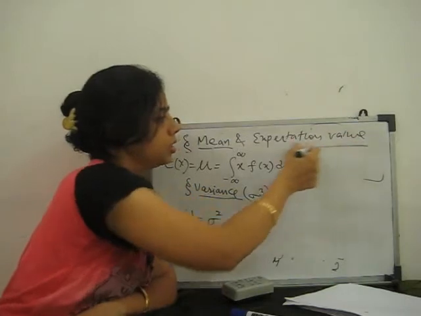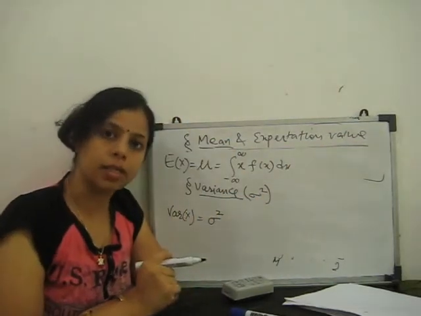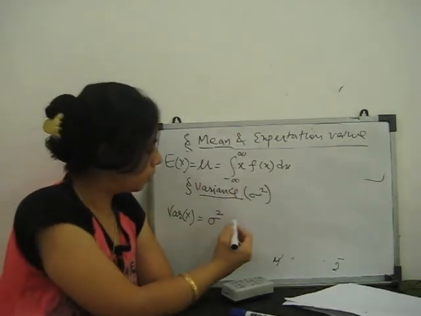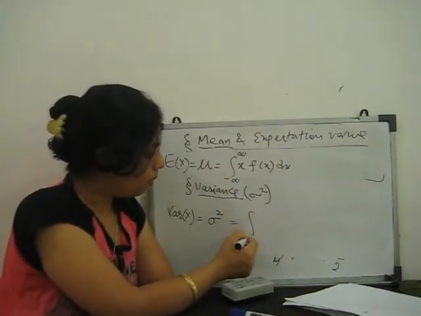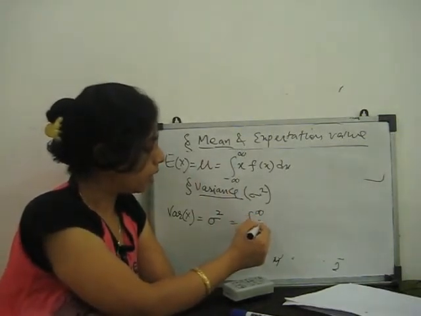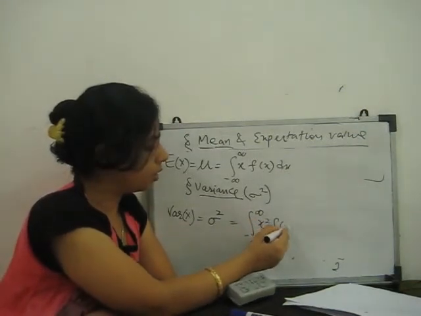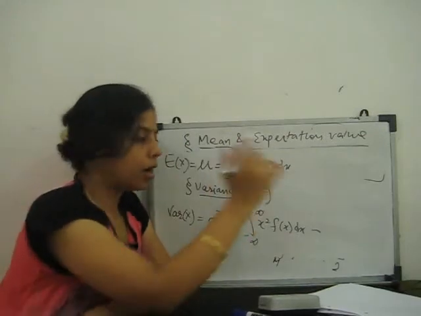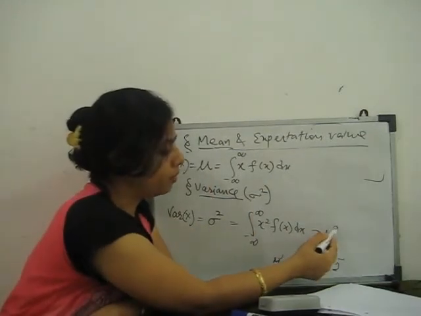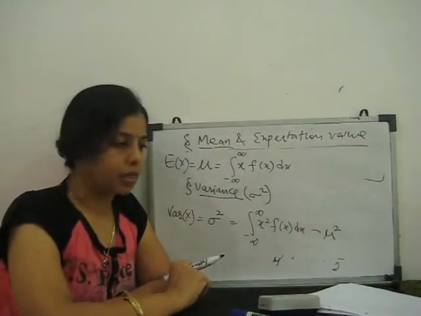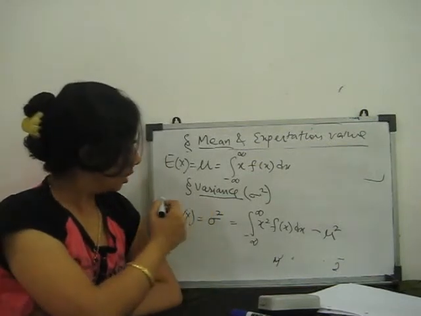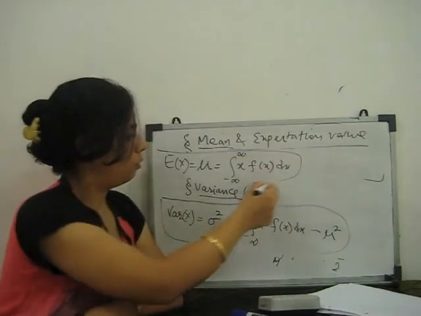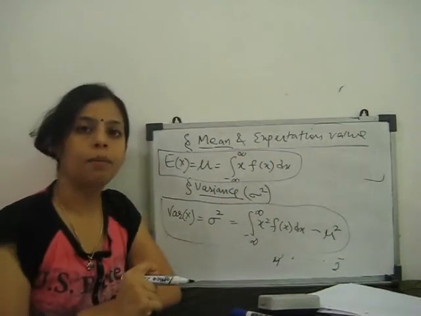So either we can say expectation value or we can say mean. Next is the variance. So variance is equal to the integral from minus infinity to plus infinity of x square f(x) dx minus our mean square, or we can say expectation value squared. So this is the formula for our variance, and this is for our mean.